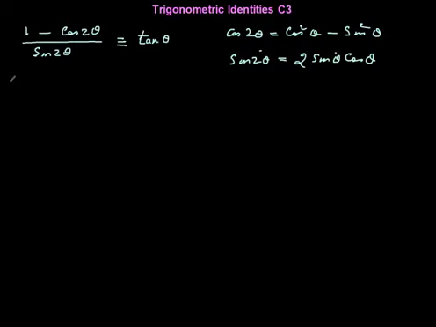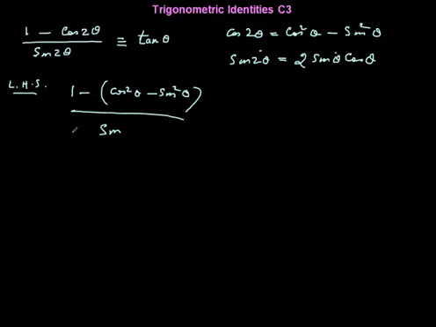Now if I start from the left hand side again, because the left hand side seems to have more stuff, we need to make a start from this side. I write down 1 minus the double angle formula, which is cos squared theta minus sine squared theta, over sine 2 theta, which is 2 sine theta cos theta.